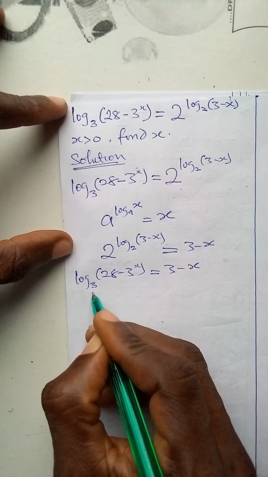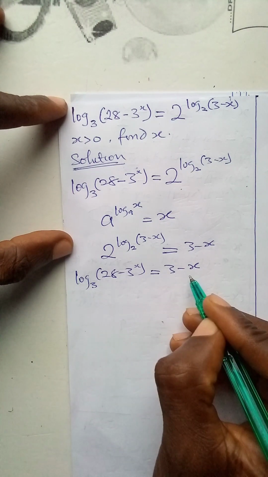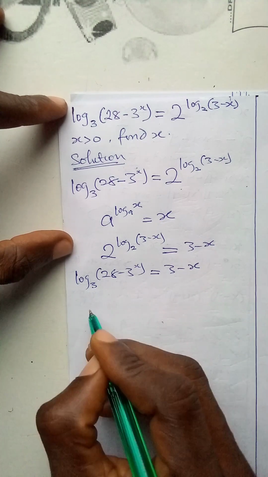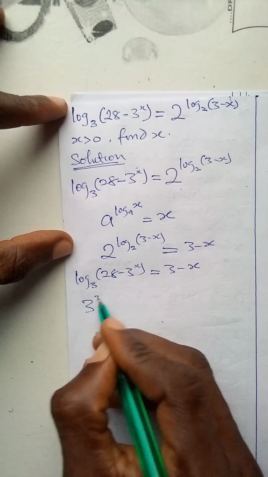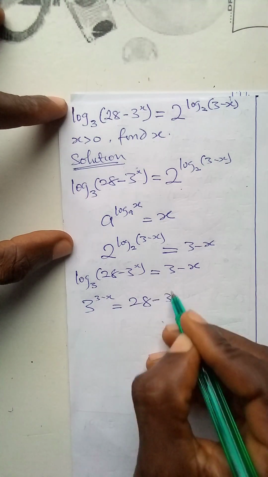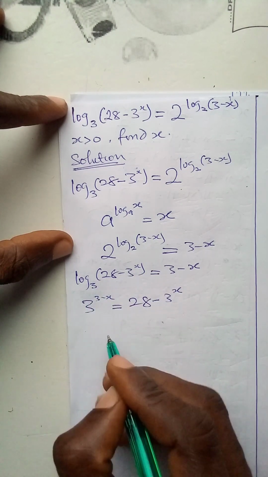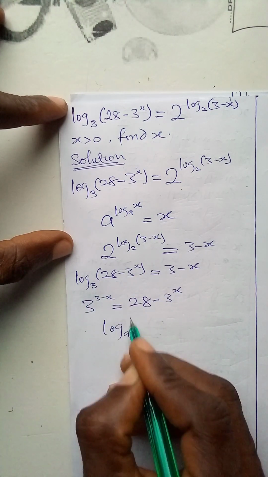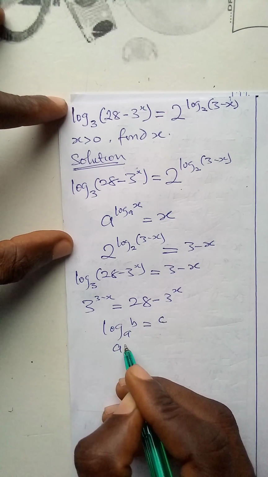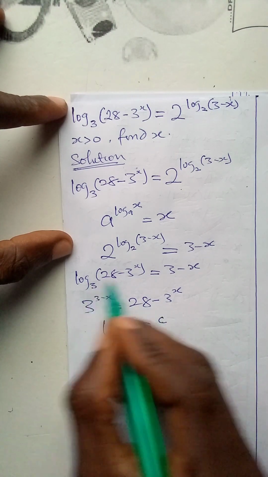Now, I will have to convert this logarithmic equation into an equation in exponents. That becomes 3 to power (3 minus x) is equal to 28 minus 3 to power x. Now, how did I go about writing this? If I have log to base a of b equals, say, c, then a to power c will be b. I applied this here.